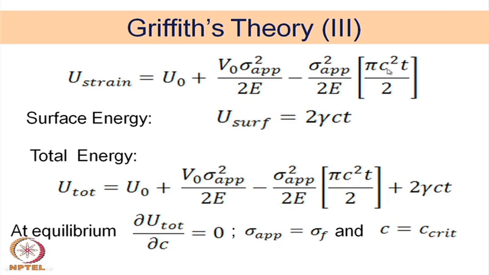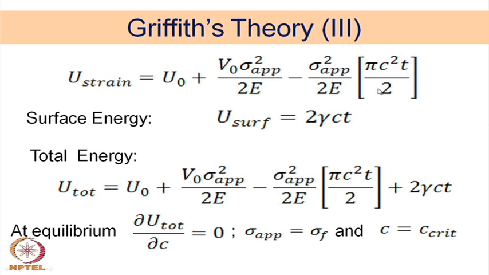This is in the form of geometry. This C term is not here because it is before the crack has been generated. This is the energy before the crack has been generated. After the crack has been generated, this term also comes in.